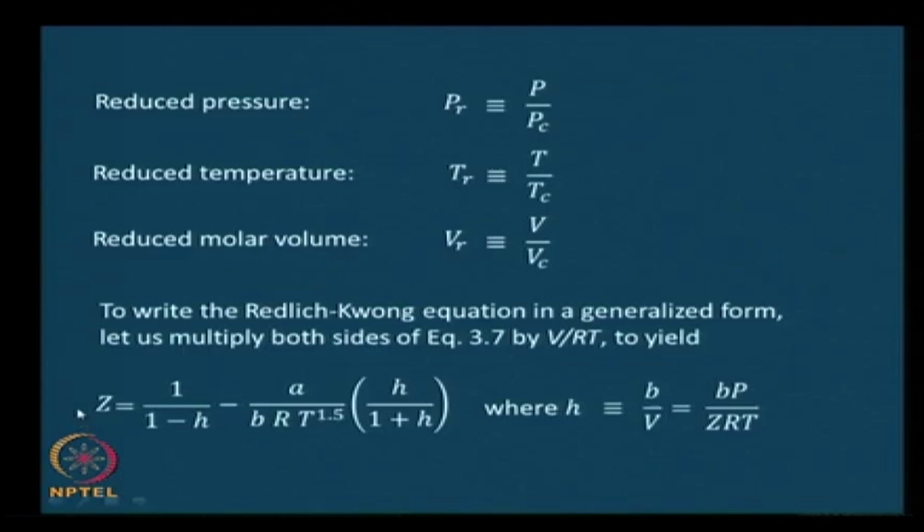Hopefully you would have arrived at this expression here, which is by mere substitution and grouping B by V as H. Some transposition may be required, maybe more grouping of terms, to get this expression.